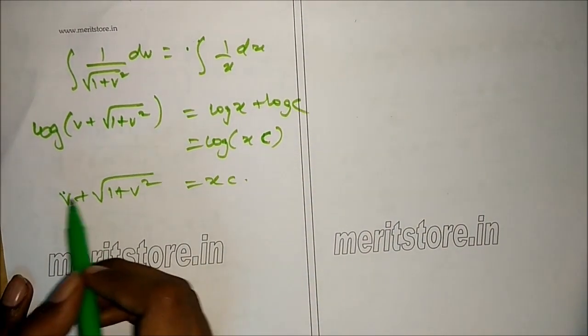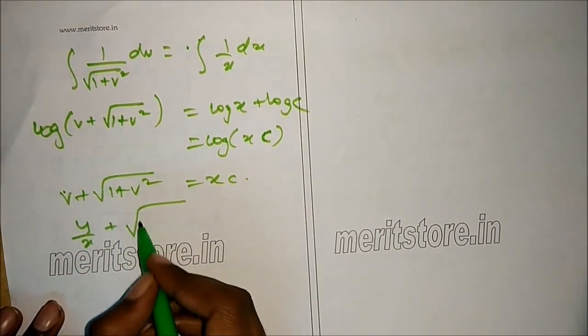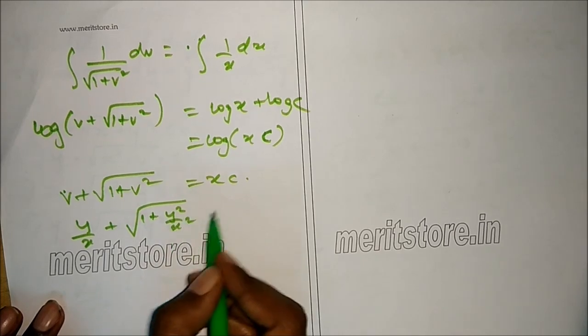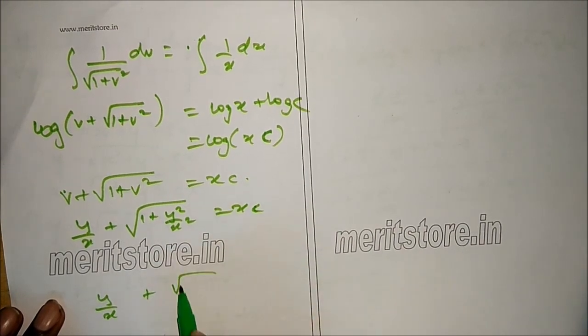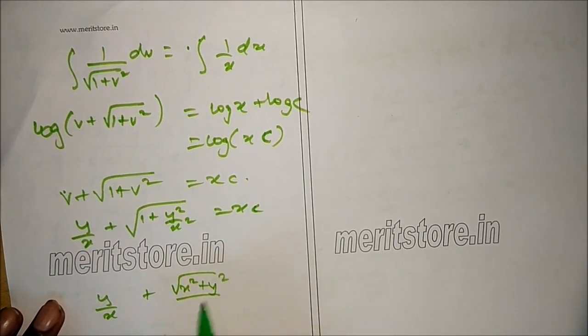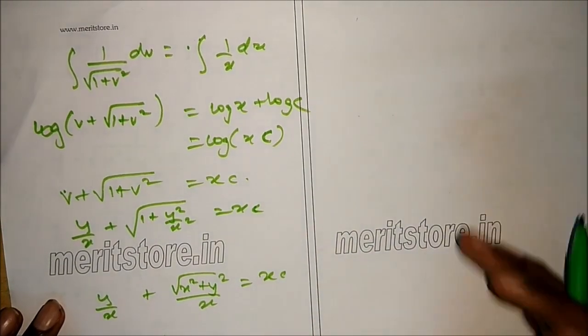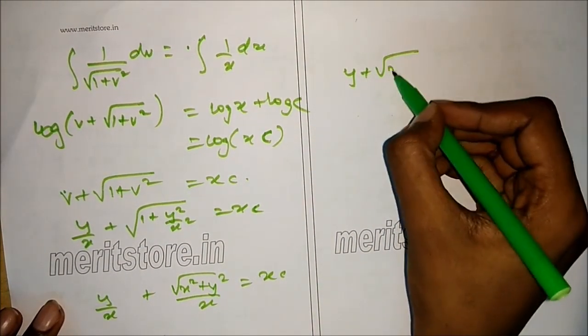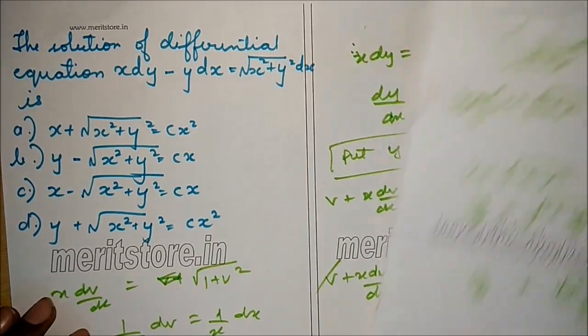Now we resubstitute v equals y by x, so this will be y by x plus root of 1 plus y square by x square is equal to xc. So y by x plus root of x square plus y square by x is equal to x into c. Multiplying throughout by x, we get y plus root of x square plus y square is equal to x square c. So now we compare it with the options.